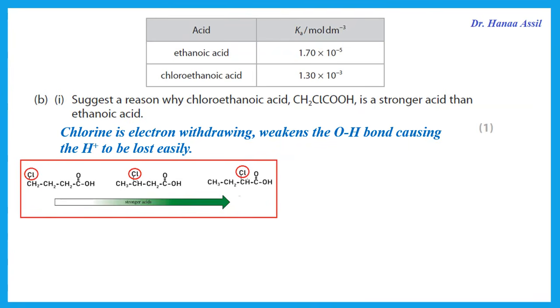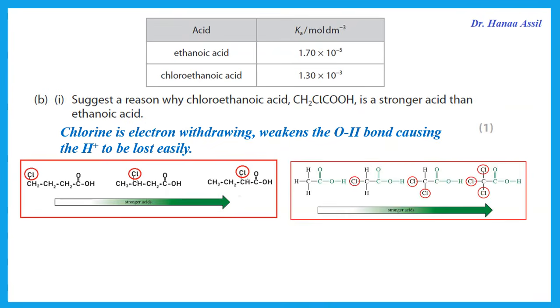Remember again, if we have a chlorine in the molecule, the nearer the chlorine is to the acid group, the stronger the acid, because the chlorine is electron withdrawing. As it moves further down the chain, it has less effect, so less acidic. Also, if we have more chlorines, this is more acidic.